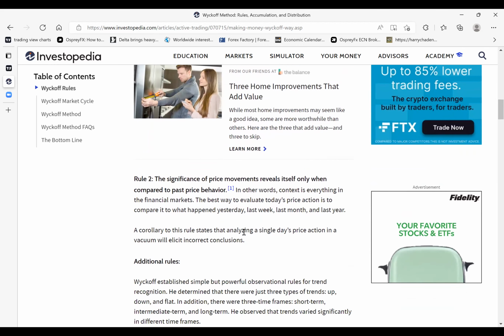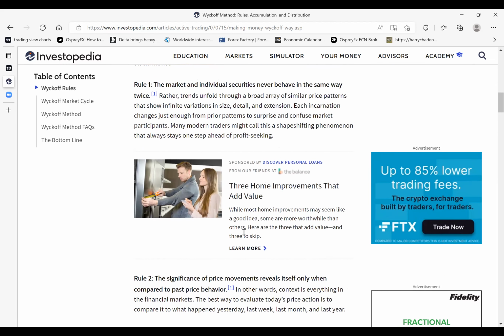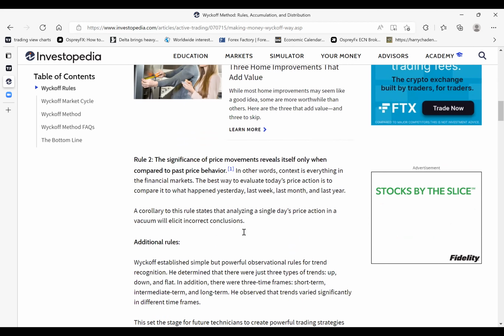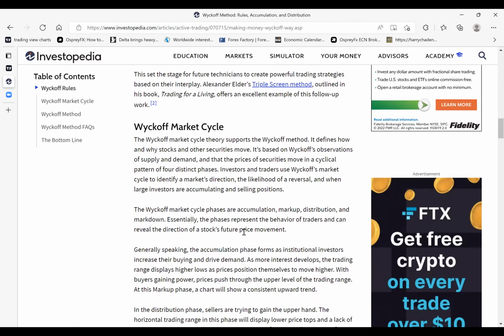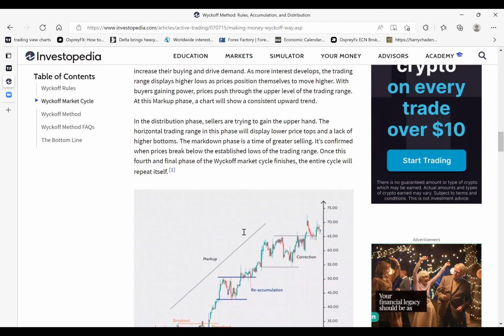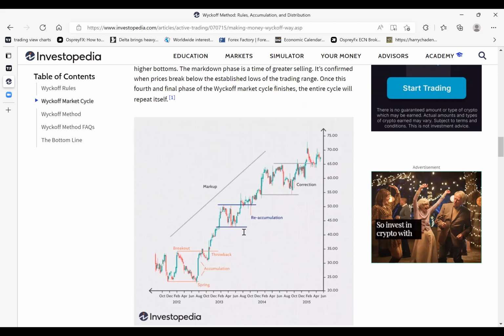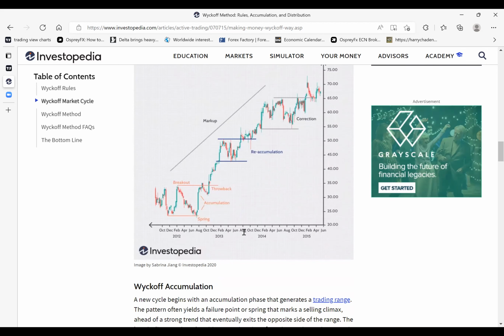I'm not going to read these rules to you because if you're interested in them, I'm showing you how to come get them yourself, right? And I'm showing you how to come research what his market cycle was and his theory of the composite man, right? The composite man is there to shake you out of your position. Like, even if you're in a great position, they drop the market lower, right?